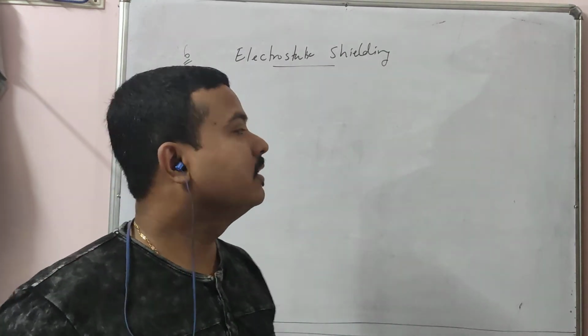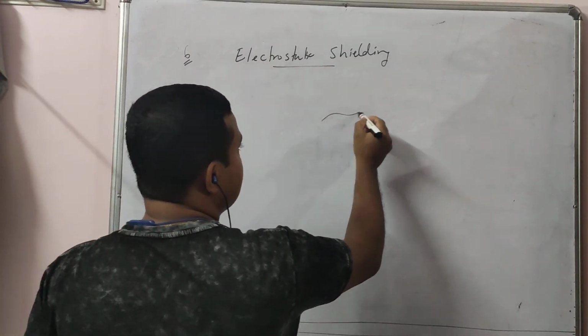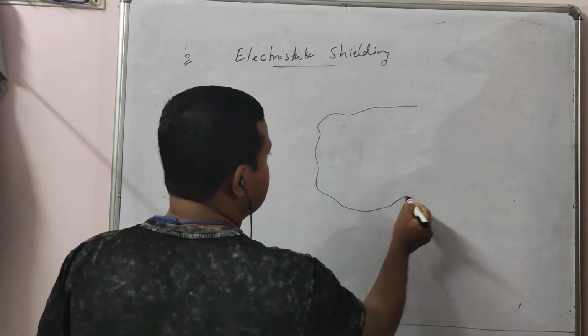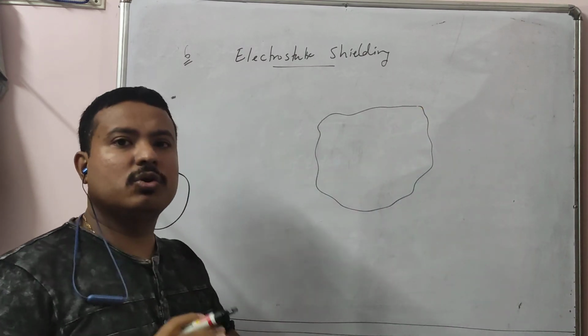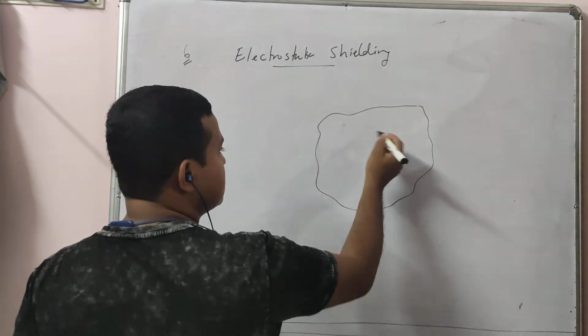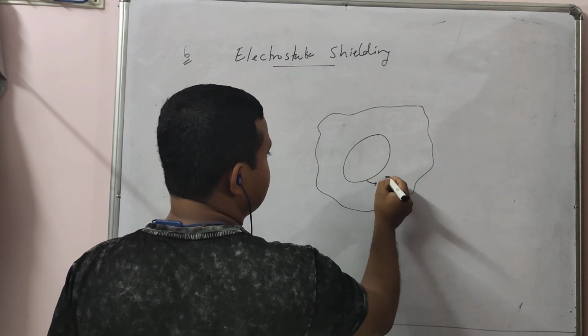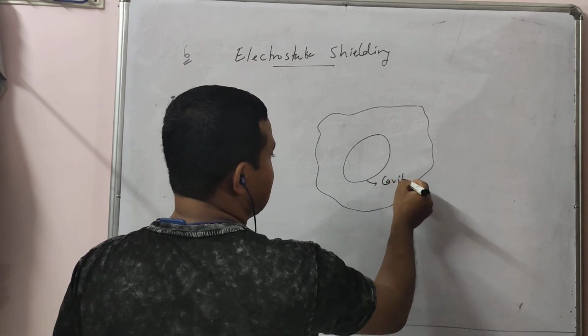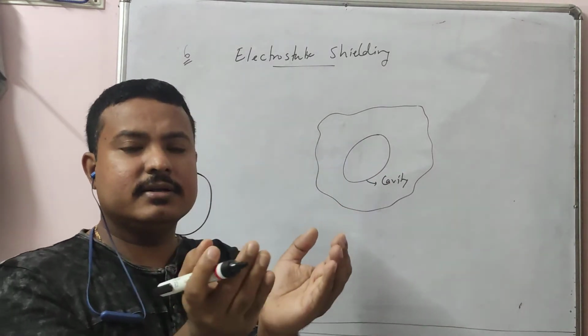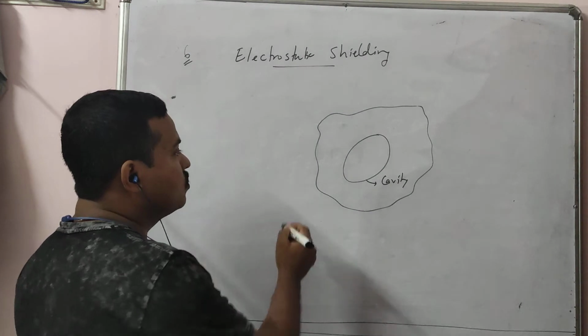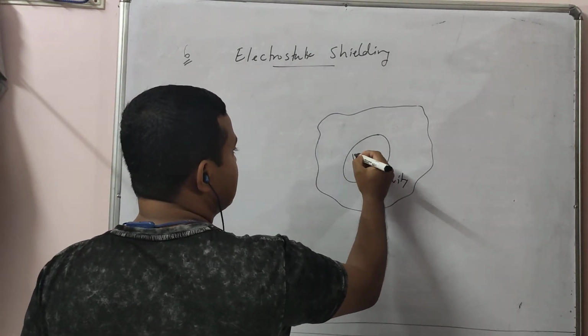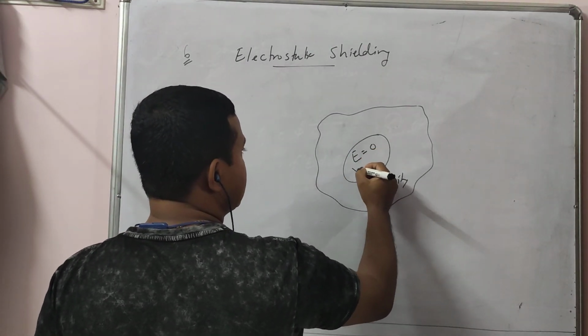As I have already told you, inside a conductor the electric field is always zero. Now suppose this is a conductor and suppose there is a cavity. Cavity means a hollow part inside a conductor. So we know that inside the conductor the electric field is always zero and potential is constant.